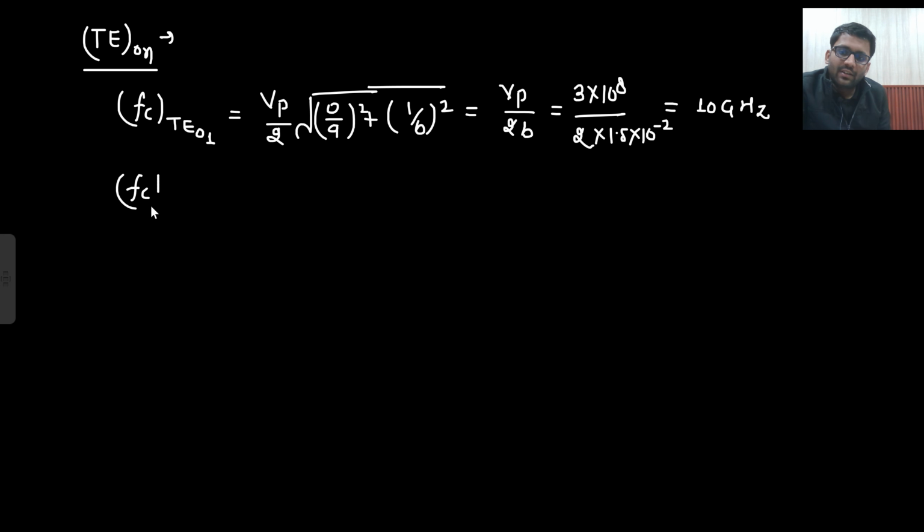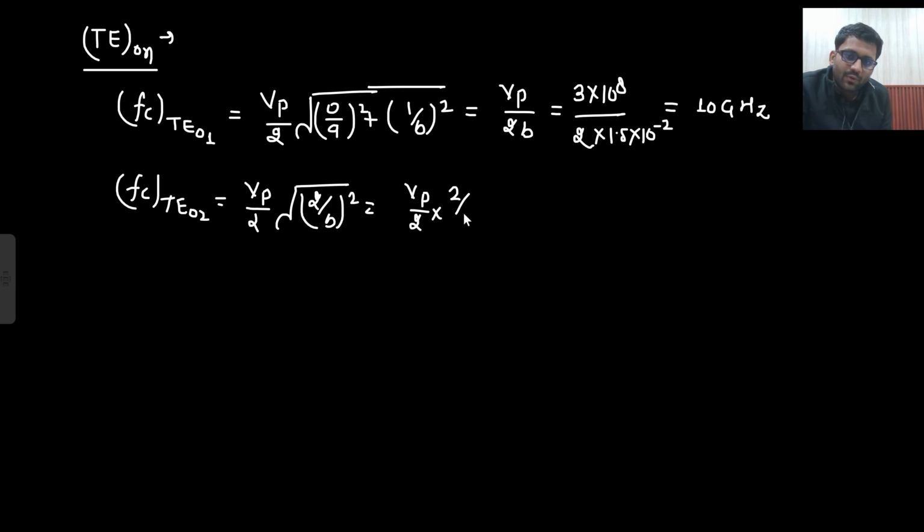What about FC TE02? So what will be the formula? Vp by 2 under root m by a, that would be 0 only, plus 2 by b whole square. So what will you be getting? Vp by 2 into 2 by b, that is Vp by b only. Vp by 2b was 10 gigahertz, so what will be Vp by b? Twice of this, that would be 20 gigahertz.